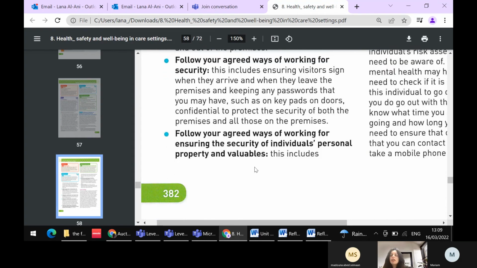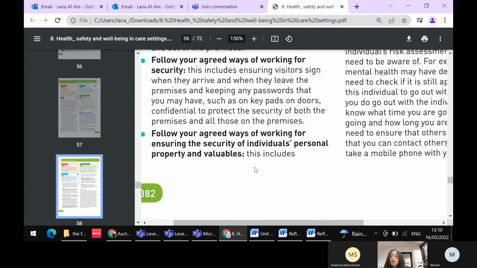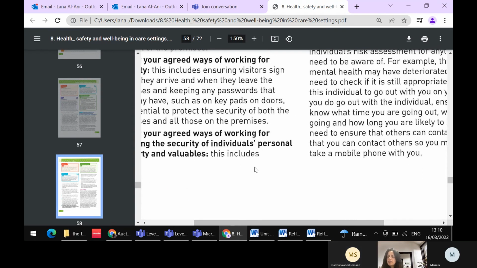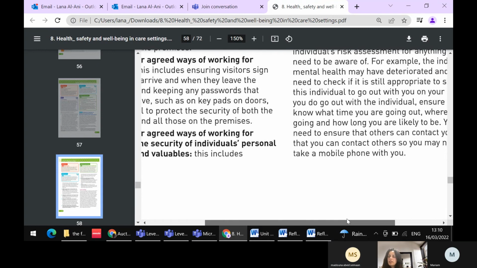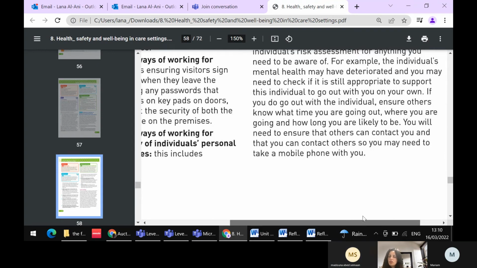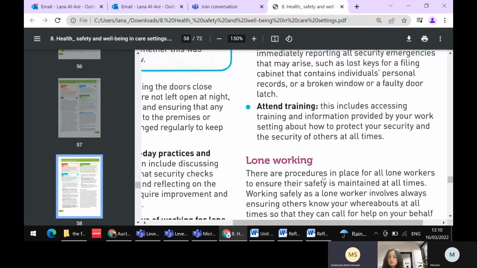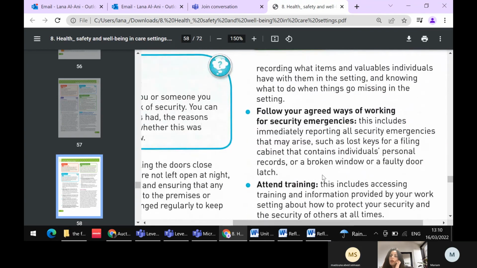Also, I follow the policy and procedure of working to ensure security of individual personal property. Make sure that all their bags and belongings are always safe and secure, with no one touching them. Also, I follow the policy and procedure in emergencies.